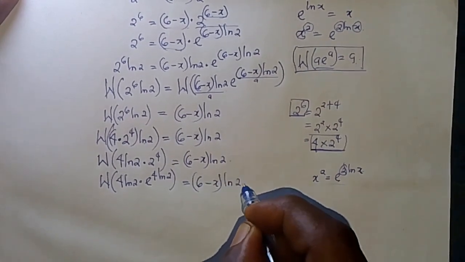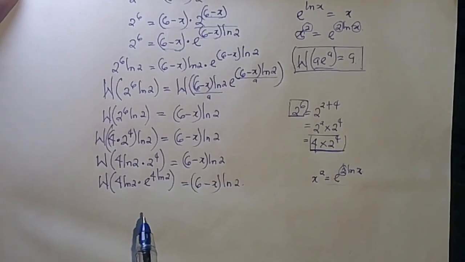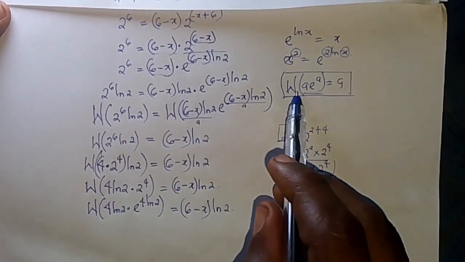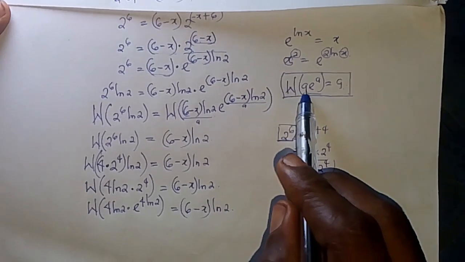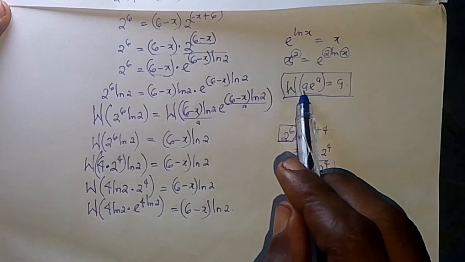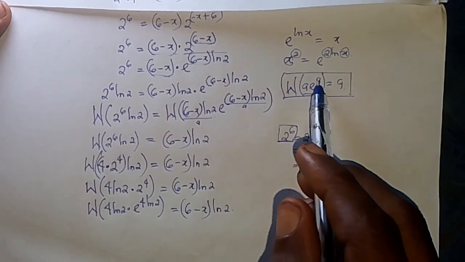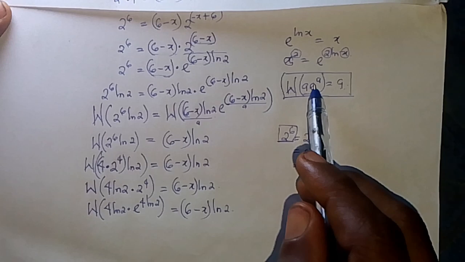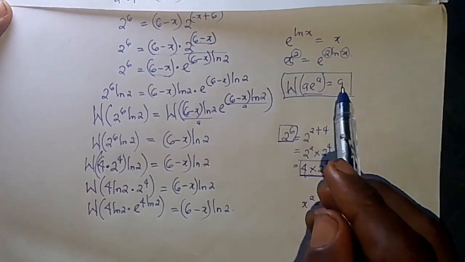So right here, we have to still recall this equation that we said: the Lambert W function of any expression in this form equals this. That is, the Lambert W function of any expression in the form of a number multiplying e to the power of that same number. It can be a variable, but it will be that same number, or the variable.